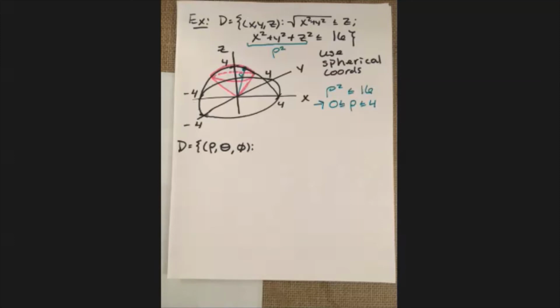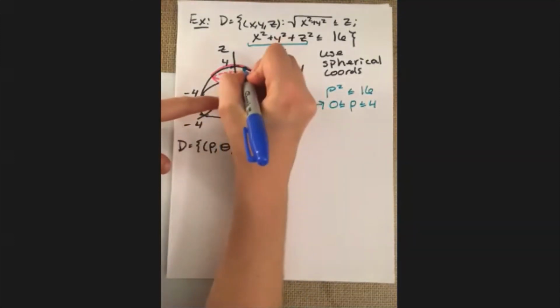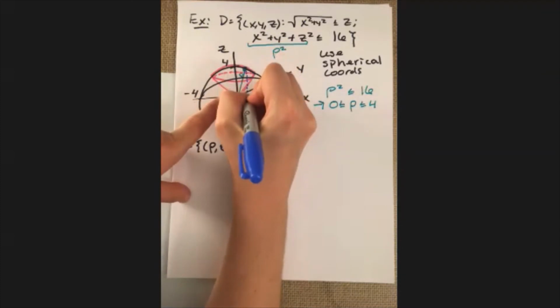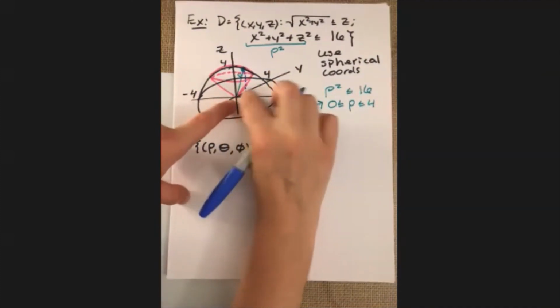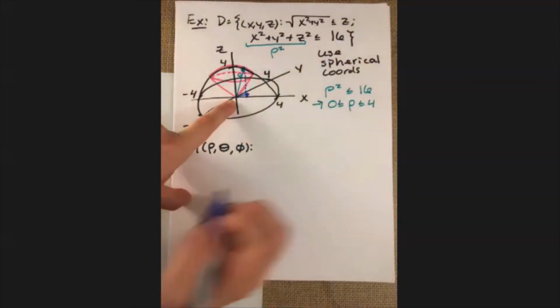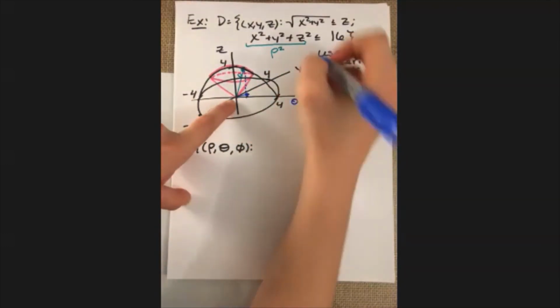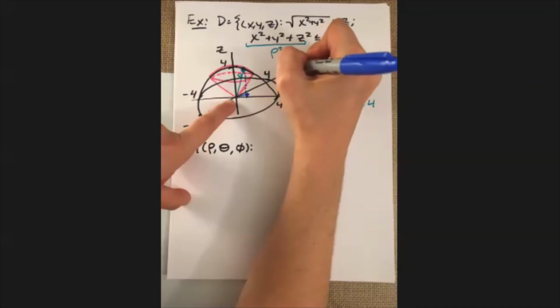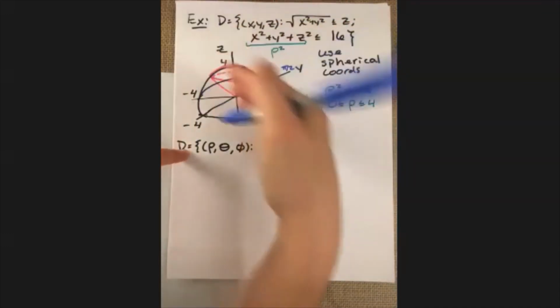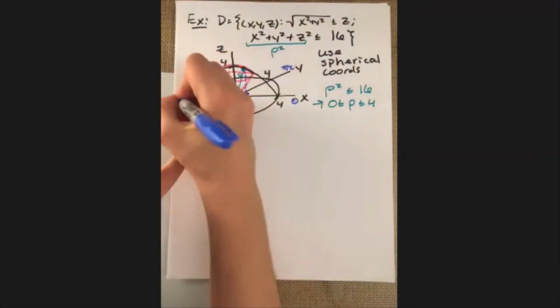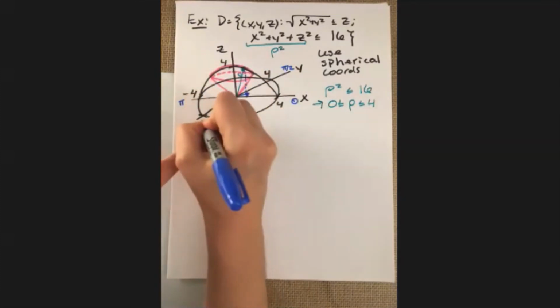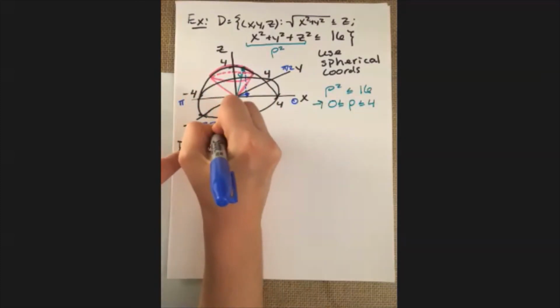Theta is also going to be quite easy because, again, theta comes down here, and we're looking at just this little angle between that arm and the x-axis. And so we can use our 0, pi over 2, basically our unit circle labeling on the xy plane, pi, 3 pi over 2.